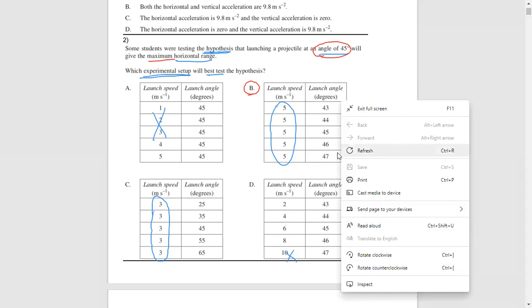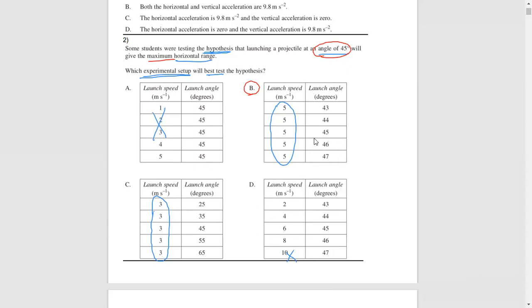With the launch speed higher, even though the change in angle is small, hopefully we can still detect it, and if we can, this is a better way to test that. A and D are definitely wrong. C is your next best choice, but for this specific question about an angle of 45 giving the maximum range, B is the better choice.